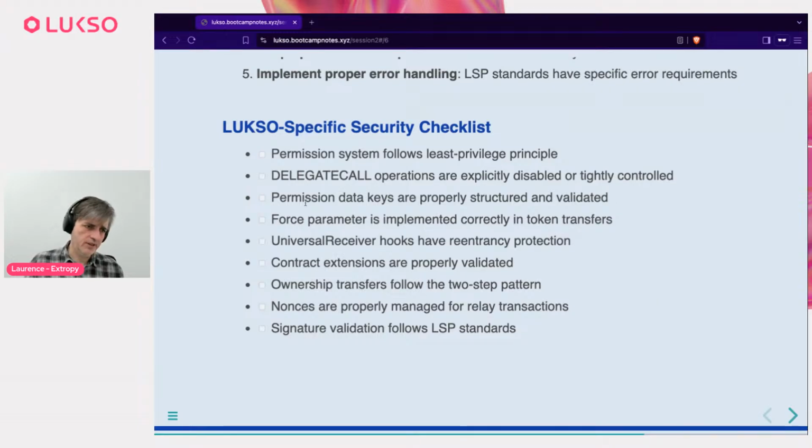We've spoken about the permission data keys as well, and how you can structure those. Don't make them too permissive, with the use of wildcards, and make sure that they are being correctly checked. Force parameter, we've spoken about that. If you're using hooks, then look at the possibility of reentrancy.